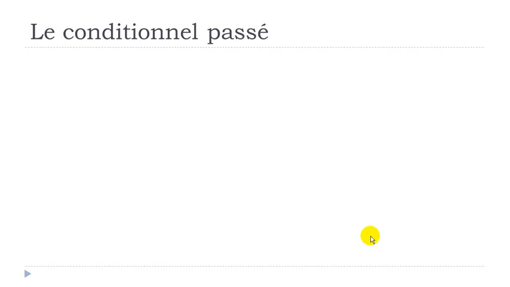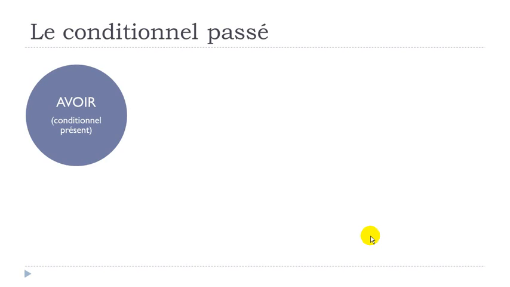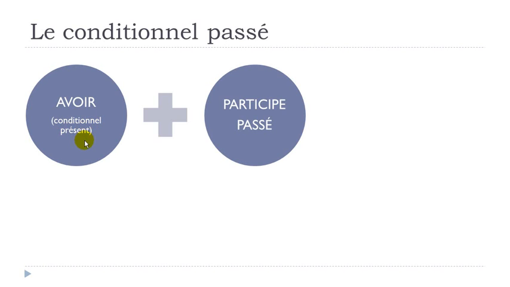So if you want to construct this conditionnel passé form, you will first have to use avoir like we saw, but then avoir should be at the conditionnel présent form. Okay? Then you will put after this the participe passé form that we saw previously when we introduced the passé composé, because that's the second part that we use for the passé composé as well.